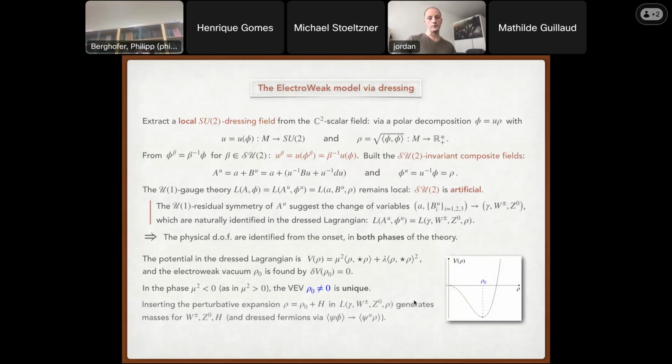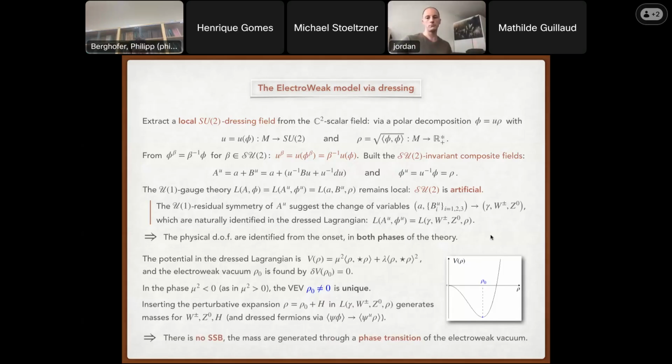And again, if you put the perturbative expansion around this minimum in your Lagrangian, what you obtain is the masses for the W, the Z, and the H, and the fermions, if you include the Yukawa couplings, right? So what has happened, actually, is that there is no spontaneous symmetry breaking. SU2 has been eliminated from the very beginning, purely at the kinematical level, and masses are generated through a phase transition of the electroweak vacuum, right?